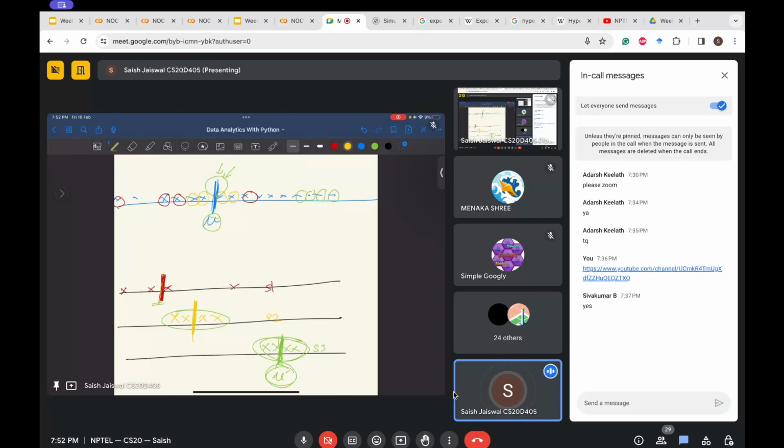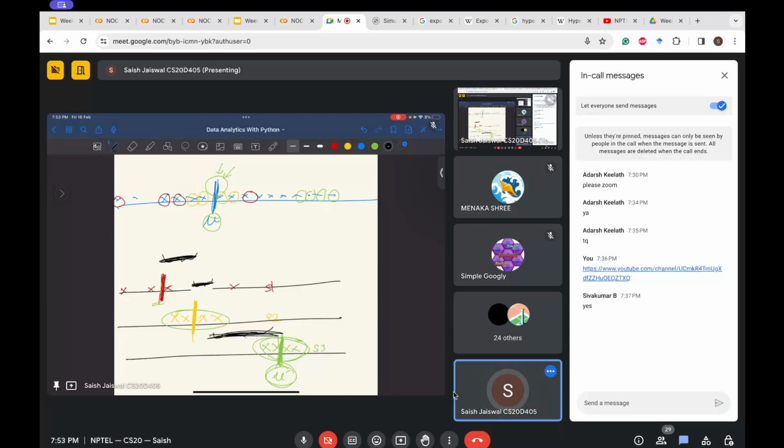These are all point estimates, and the difference between each point estimate and the original parameter is called bias. So this length is the bias for this estimate, and this is the bias for this particular estimate. Now, to take into account this variability, we take confidence interval into consideration.